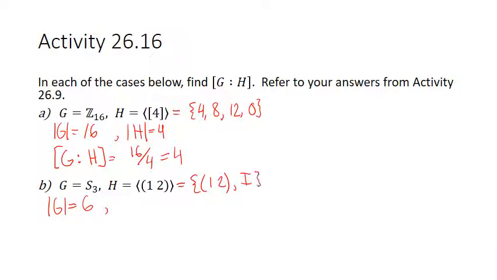So it's just those 2 elements. And so the order of H is going to be 2, and so the index is going to be 6 divided by 2, which is 3. That means there would be 3 distinct cosets made from H that would partition the whole group.